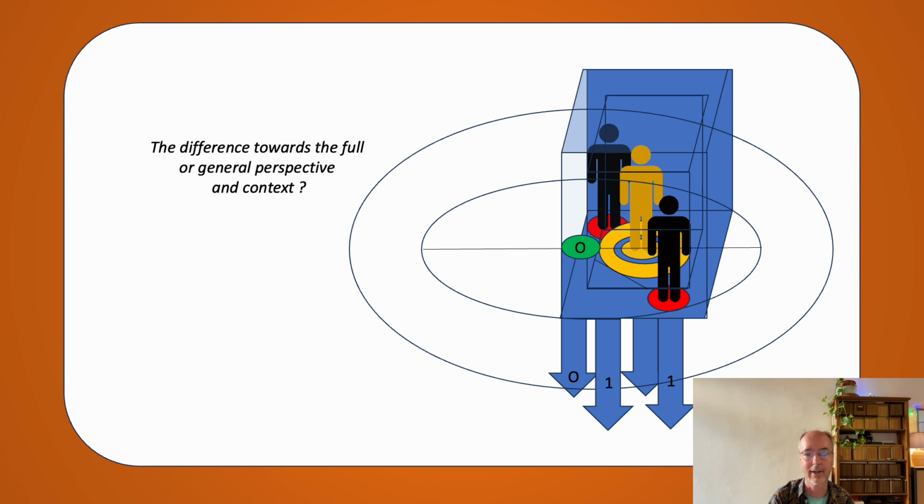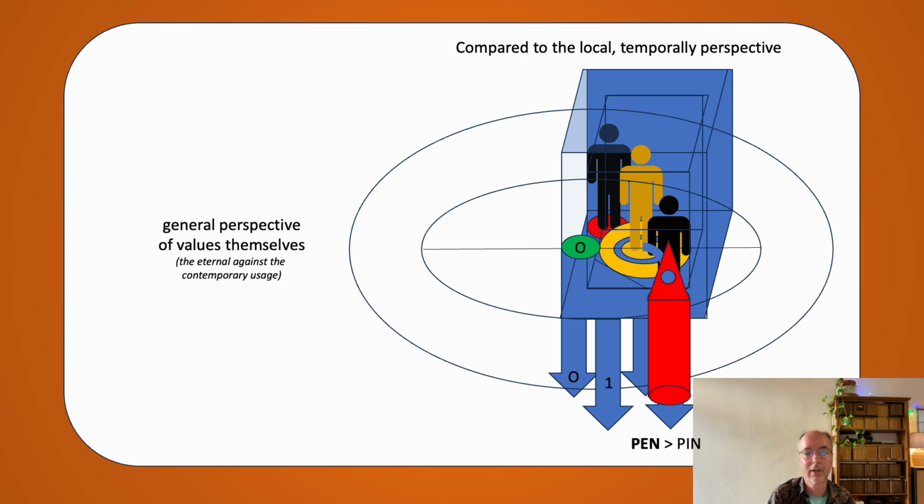How will that be adapted in this context? So the pen has to change its idea. Here the pen is still used by me, and it's used for the purpose of communication.